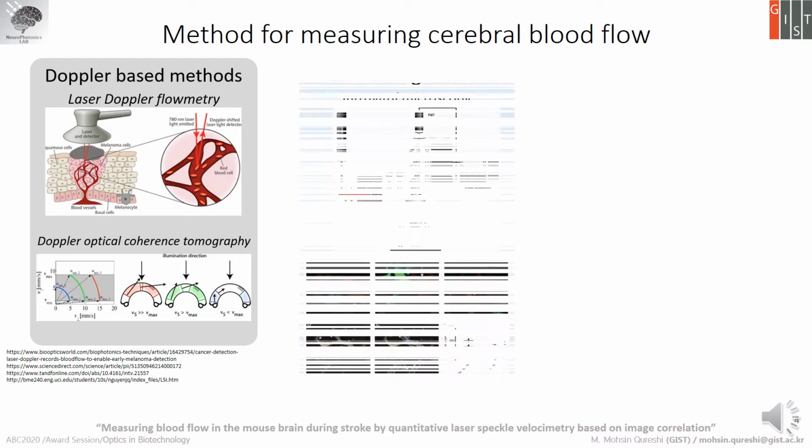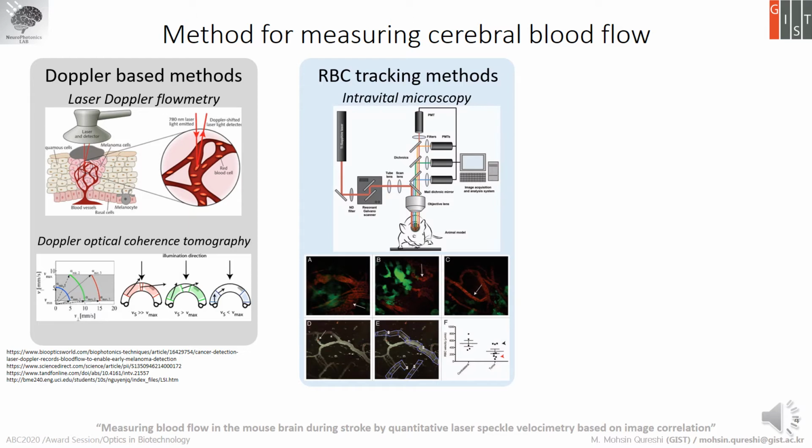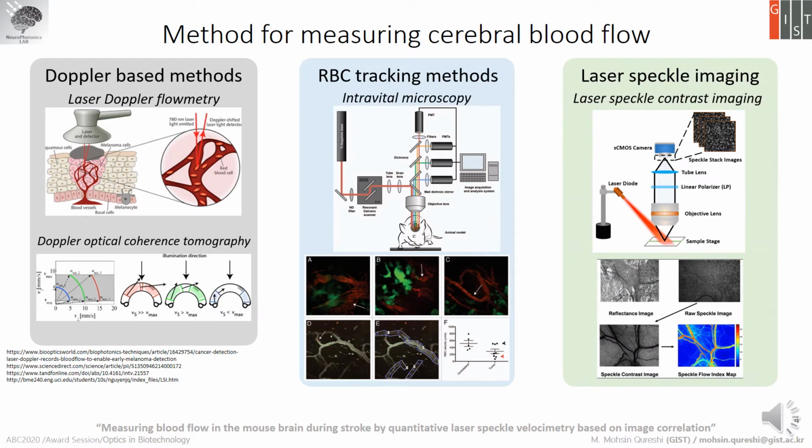The second is red blood cell tracking measurements, for example intravital microscopy, and the third one is laser speckle contrast imaging. Even though each of these techniques is different in terms of instrumentation and analysis, each method was developed on the ground of dynamic light scattering.